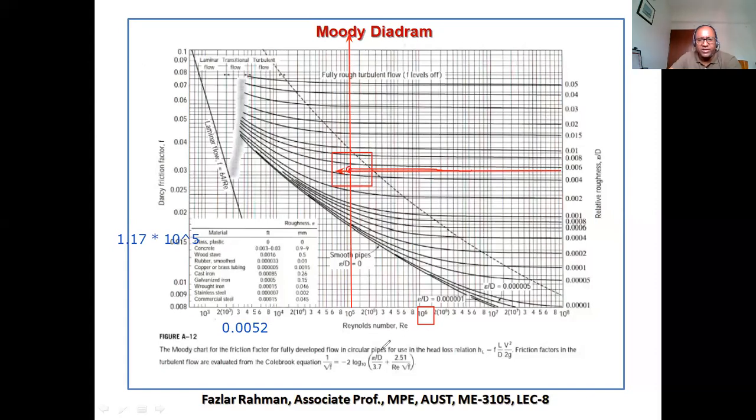From this point, then you come toward the left. So your value is more than 0.03 friction factor. Okay. So if we use a scale, you can get the right data. But at least you need to make sure your data is very close.